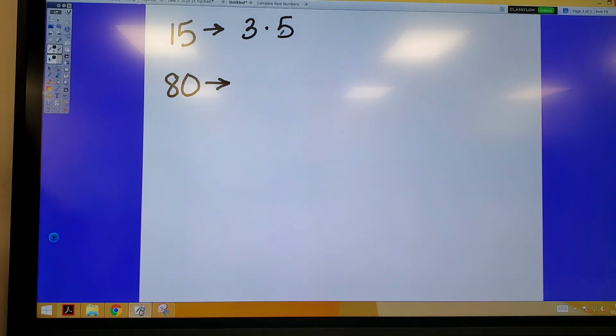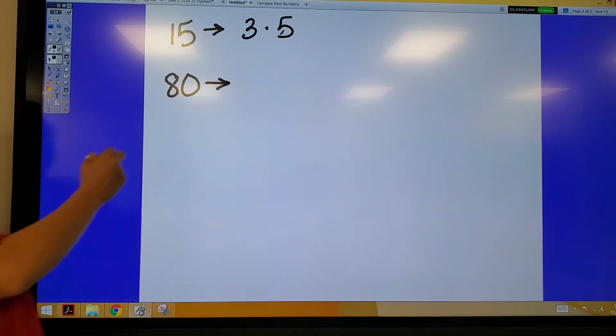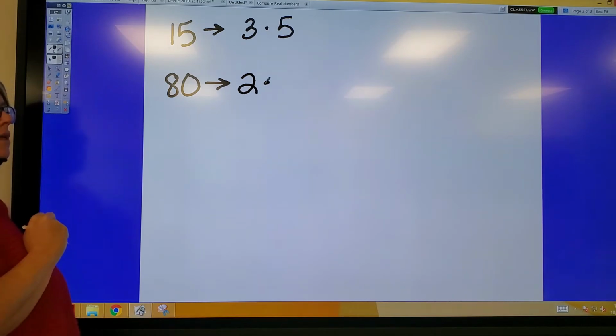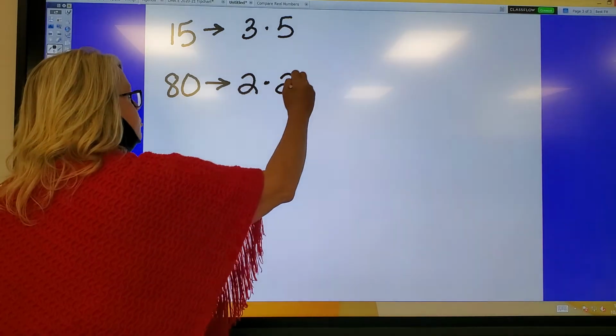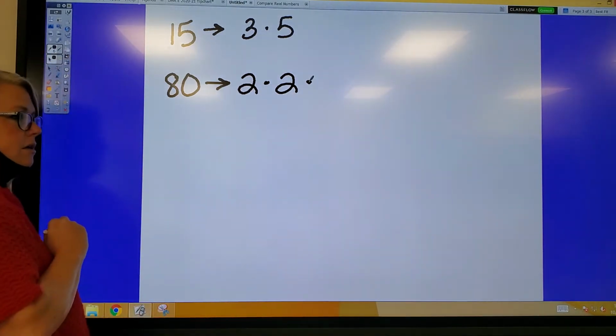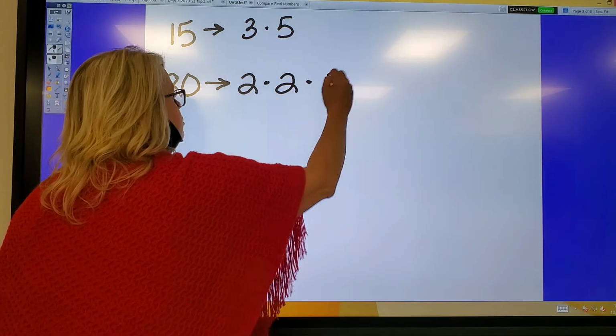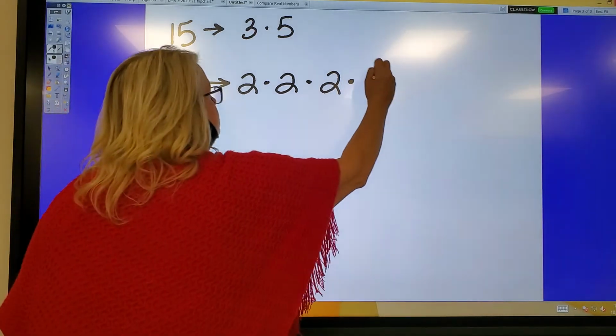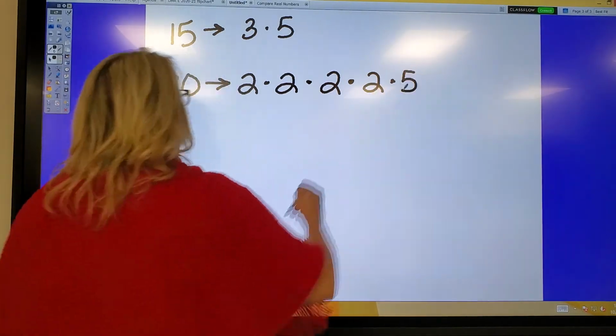So now we need to write the prime factorization of 80. Again, you can use a factor tree or you can just do it mentally. I know I can divide by 2. That would be 2 times 40. And 40 I can do 2 times 20. And 20 I can do 2 times 10. And 10 I can do 2 times 5.